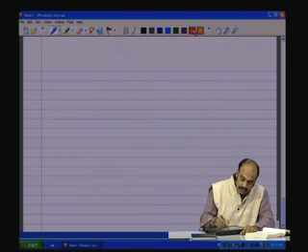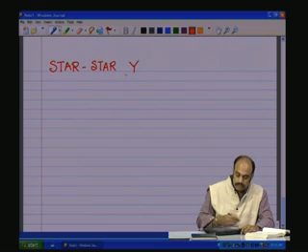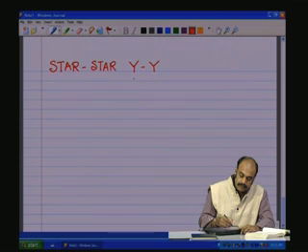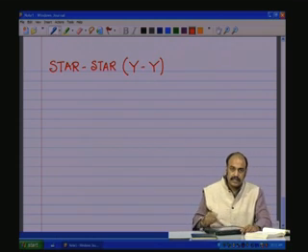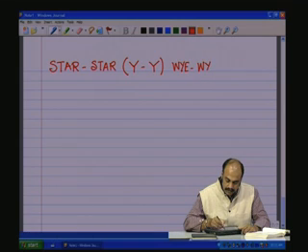Then you have the fourth one, which is the star star connection. The primary is connected in star or Y pattern, and the secondary is also connected in star or Y pattern, and that is called a star star connection or a Y Y connection.